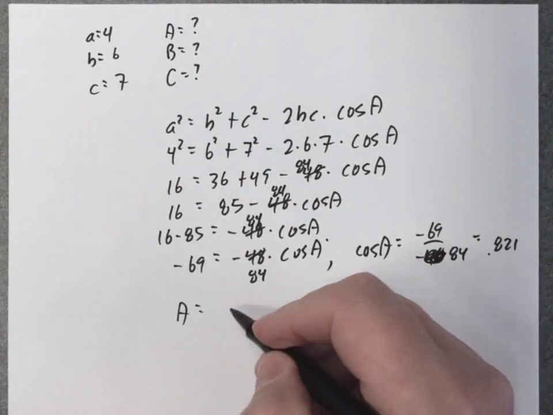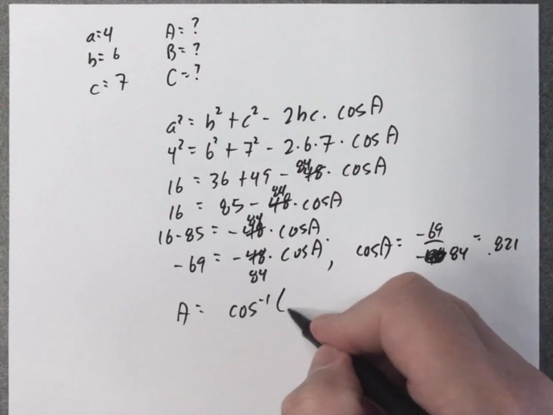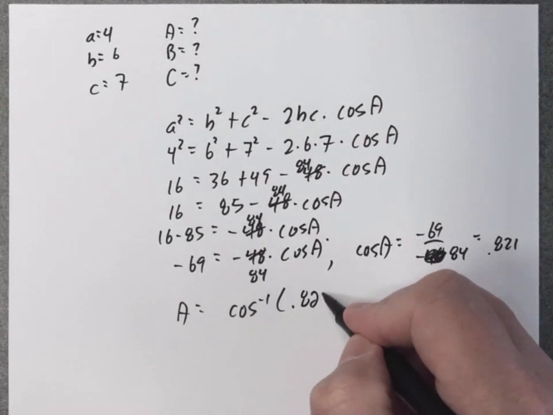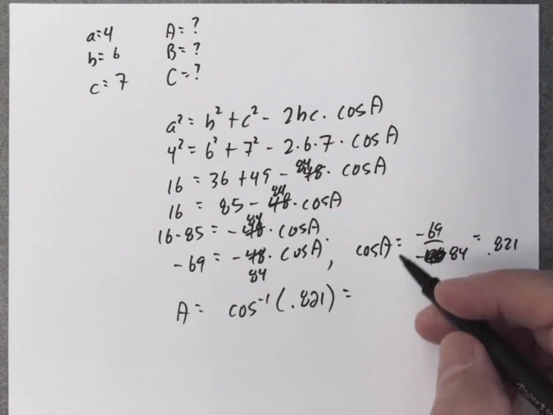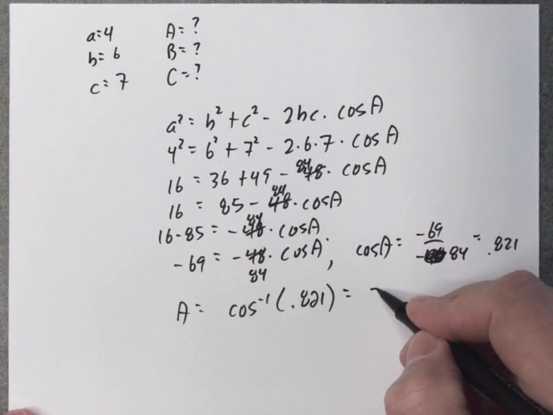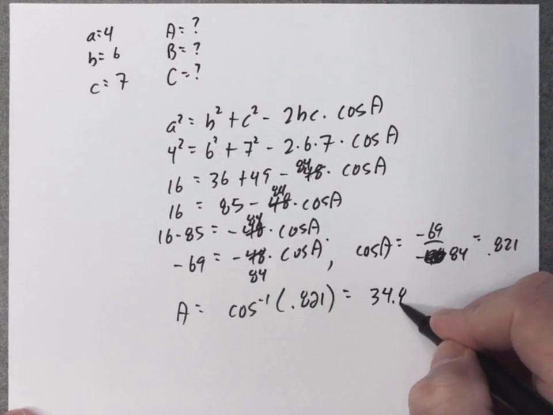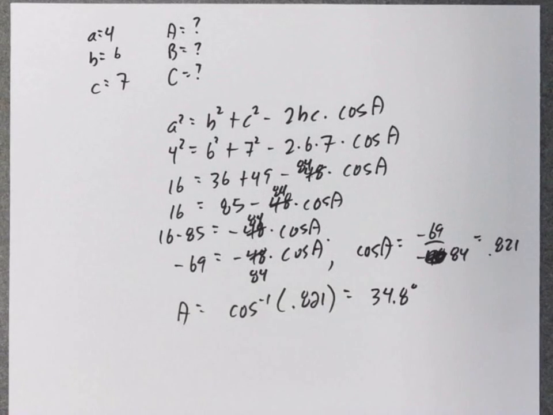So A is the inverse cosine of 0.821. That's 34.77, but I think they don't have to round to one decimal place. So let's try 34.8.